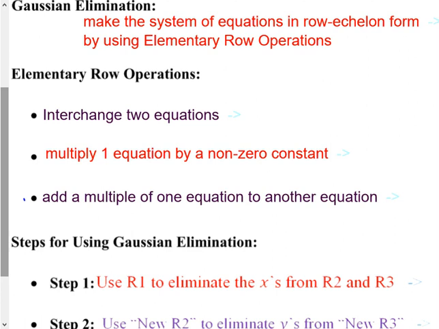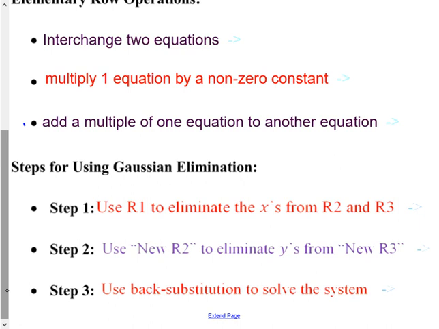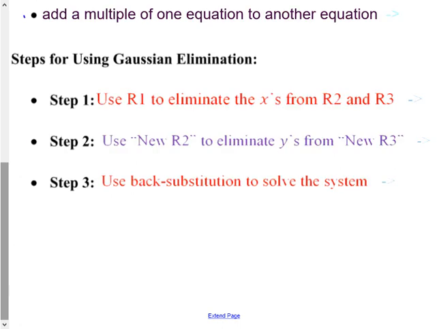How elimination works is just like with two variables. We generally try to use multiplication, LCM, etc., to eliminate. In this situation, we're using row 1 to eliminate the x's from the other two equations. We say R2, R3, as in row 2, row 3, also known as equation 2, equation 3. Once we get rid of the x's, we will have a new row 2 and a new row 3, and we're then going to eliminate the y's in equation 3 using equation 2 and multiplication.